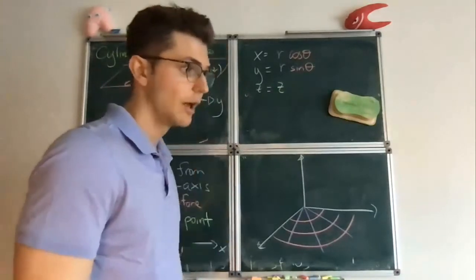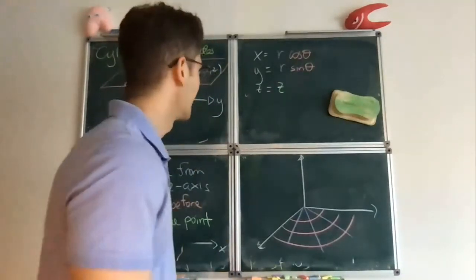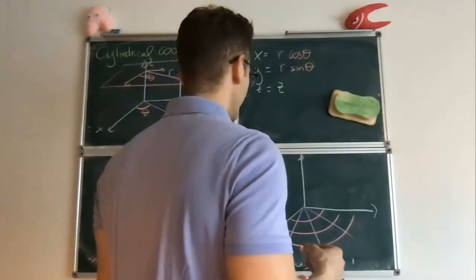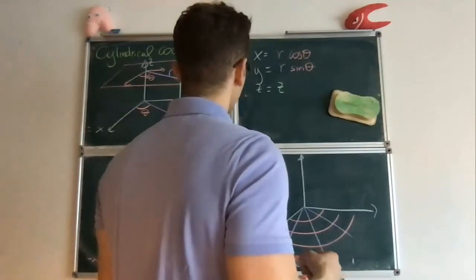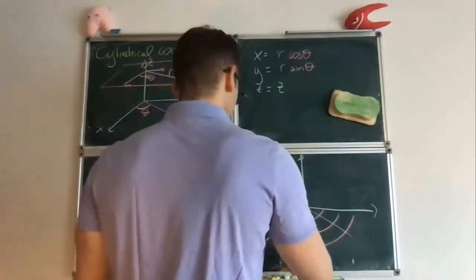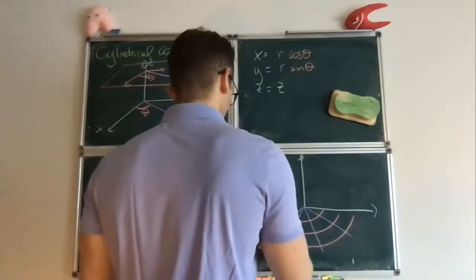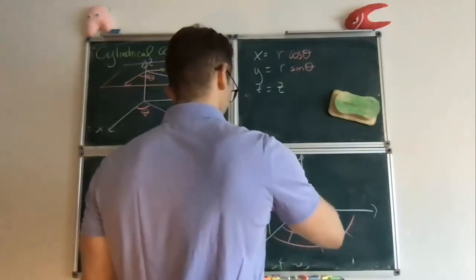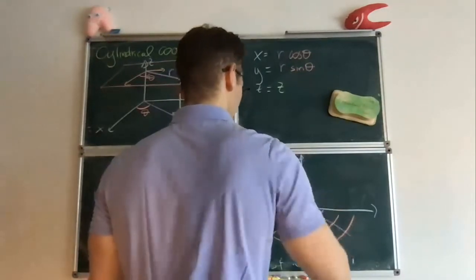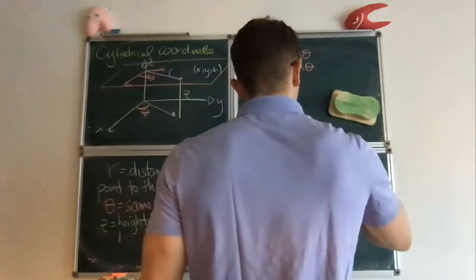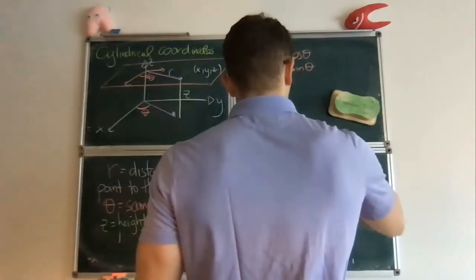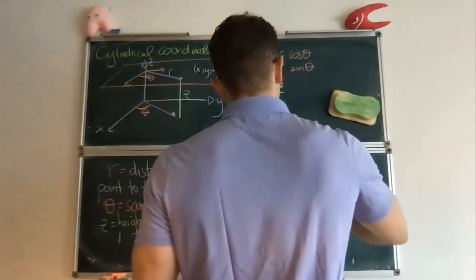And so when the height is being fixed, you get arrows that are parallel to, well, in the case of cylindrical coordinates, it's not so much that these arrows come from fixing the height.